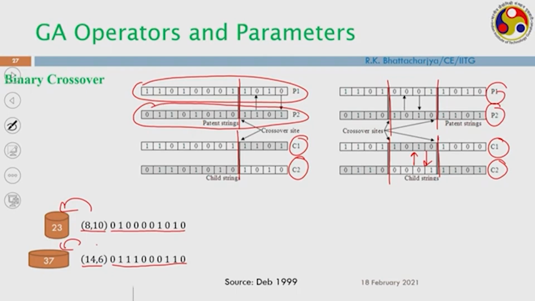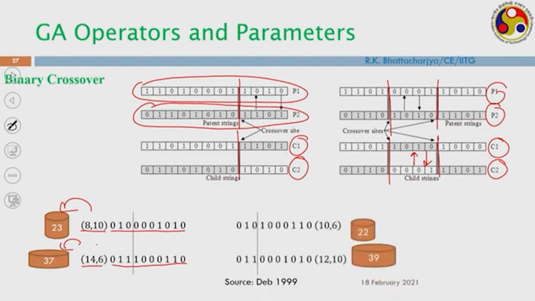Now, if you take this as a crossover site, that means the crossover site is 3, and then you are exchanging the gene information. So, what is happening is that this portion of the first string and this portion of the second string will create child 1, and similarly this portion of the second string and this portion of the first string will create the other solution.